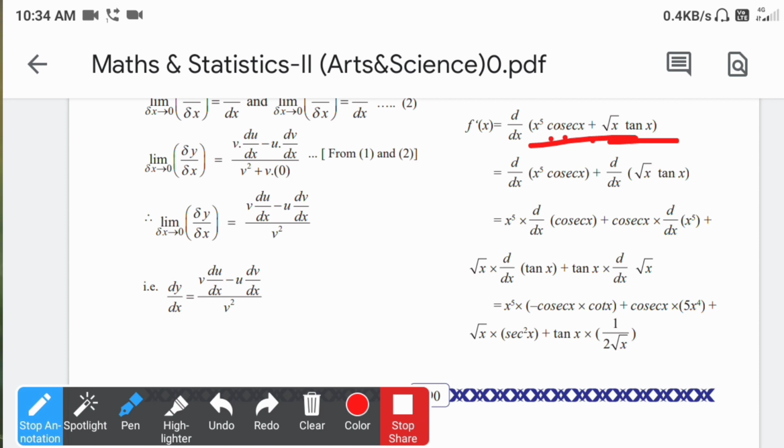So in this case, first we need to use the UV rule of multiplication to find the derivative of this, plus again we need to apply the UV rule of multiplication for finding the derivative of this function. Okay, so you can see the difference between the two types of examples.